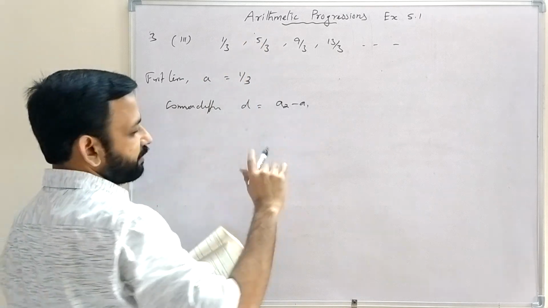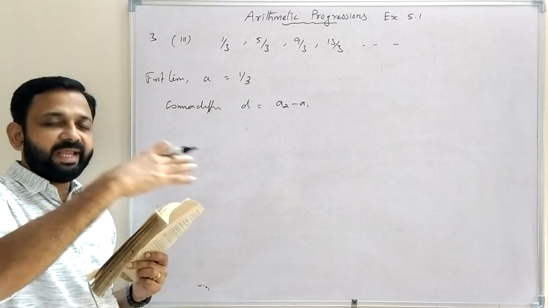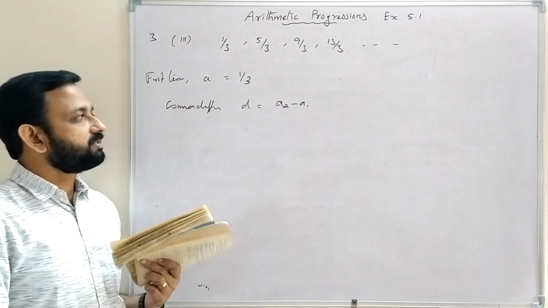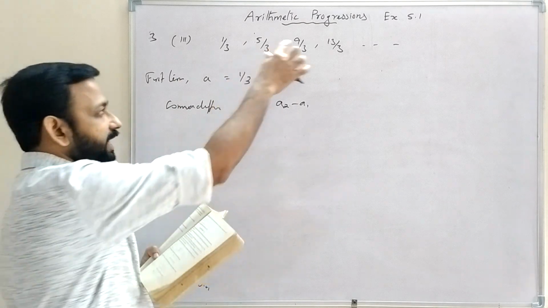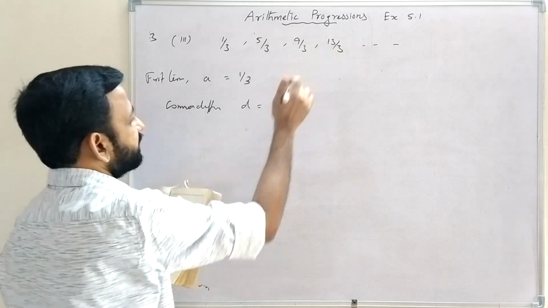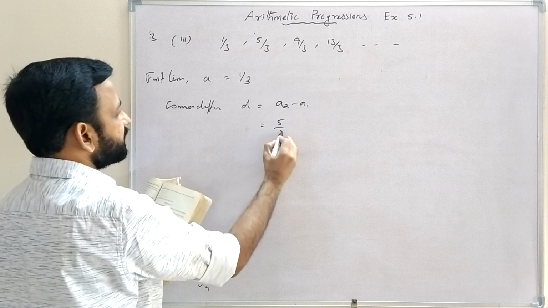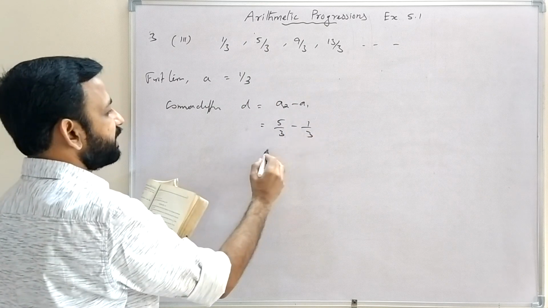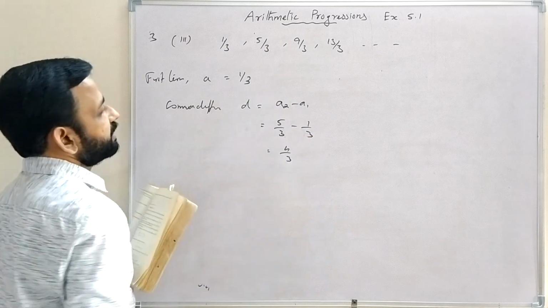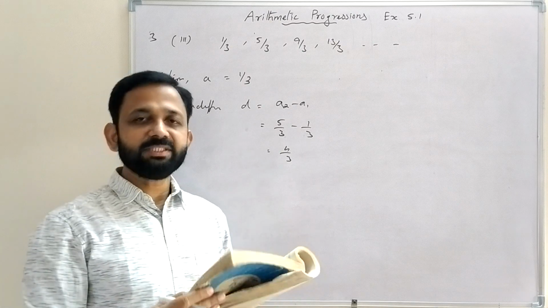The common difference is the difference between any two consecutive terms. So d is equal to a2 minus a1, or a3 minus a2, or a4 minus a3. We can take d equal to a2 minus a1, that is 5 by 3 minus 1 by 3. So 5 minus 1 is 4 by 3. So d is equal to 4 by 3. Common difference d equal to 4 by 3.